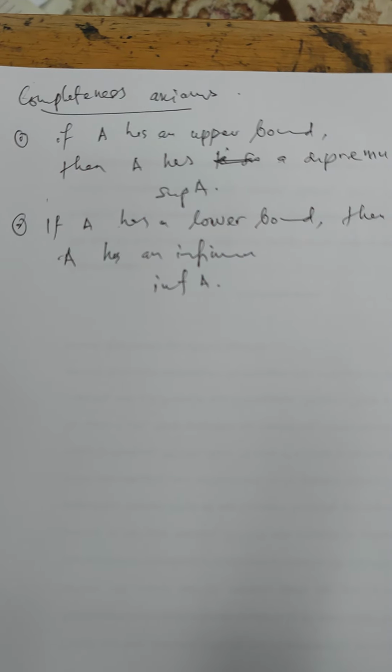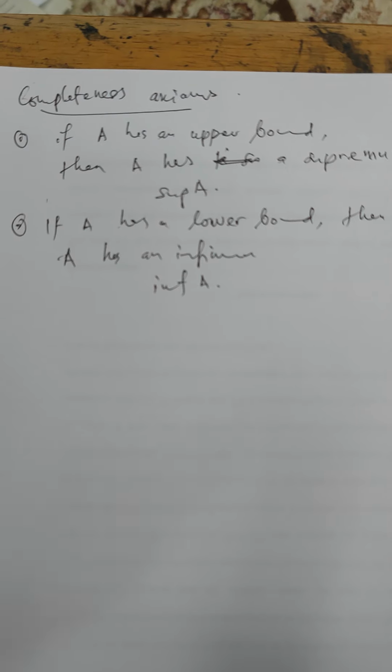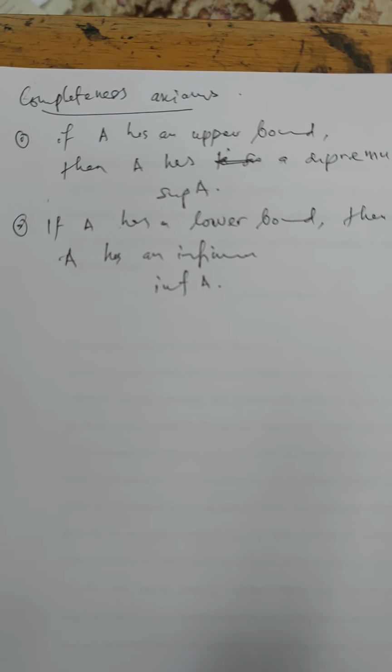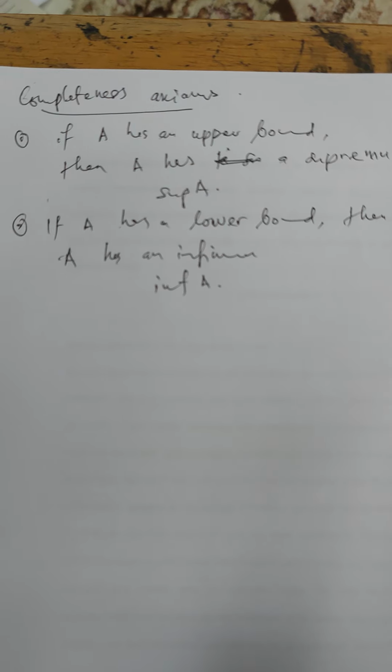Okay, hope you can understand this concept. First, the concept of upper bound and lower bound. You know that bound of a sequence. We say a sequence is bounded. You understand what we mean by a sequence being bounded. Then we come up with the notion, or term, of upper bound and lower bound.